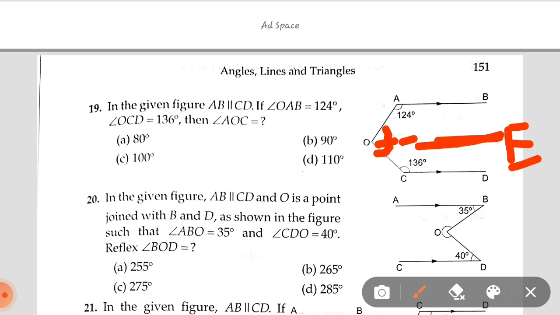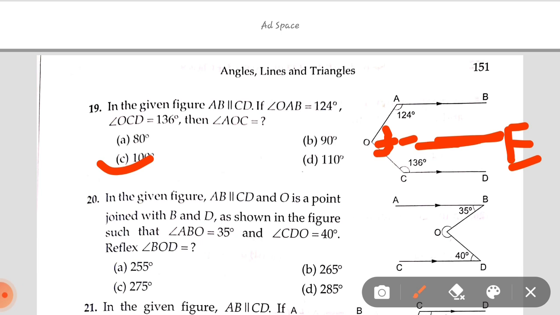Similarly, angle BAO plus EOA is equal to 180 degrees. That is the sum of AOE plus EOC. You can find that for 19 number, the answer is C, 100 degrees. Okay.